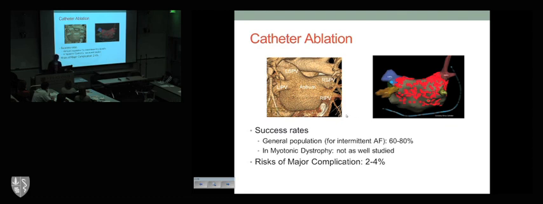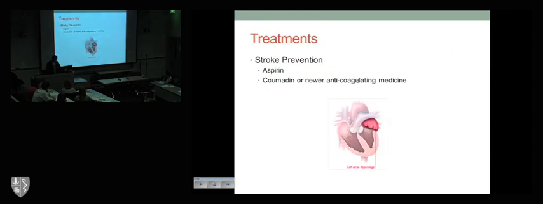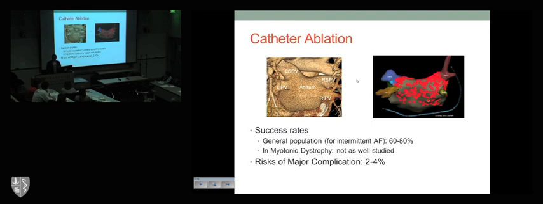Now, we have a lot of information about the medications and these ablation therapies in the general population, but again, because there just aren't as many DM patients out there, we don't have much data on how effective this is in the DM population.